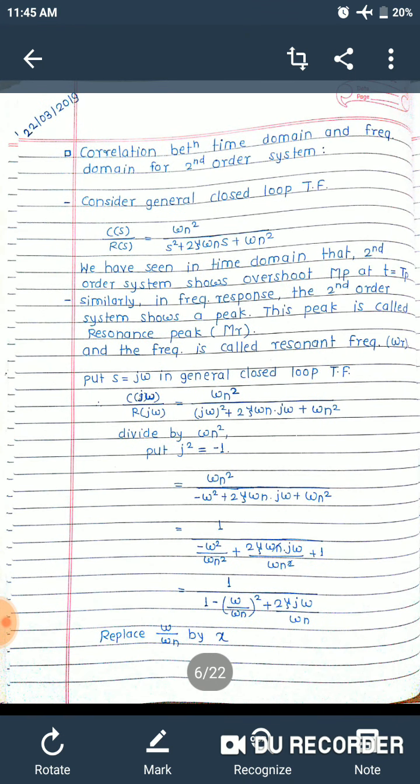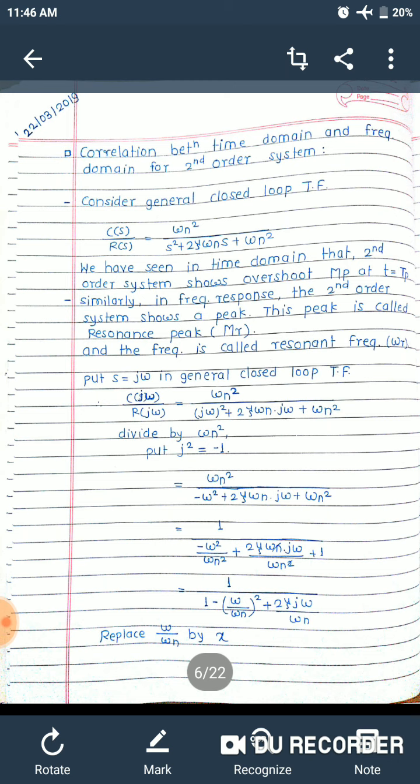Next we'll discuss the correlation between the time domain and the frequency domain for a second order system. This is very important from the exam point of view. This question is for 4 marks. Firstly, we will consider the standard closed loop transfer function. Everybody knows that C of s upon R of s is equal to omega n square divided by s square plus 2 zeta omega n s plus omega n square.